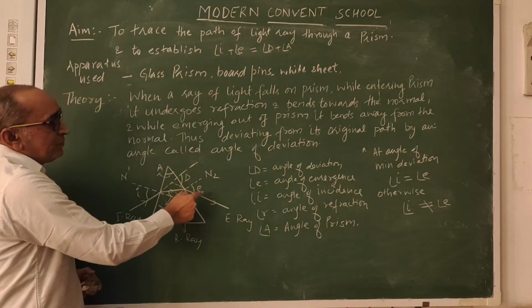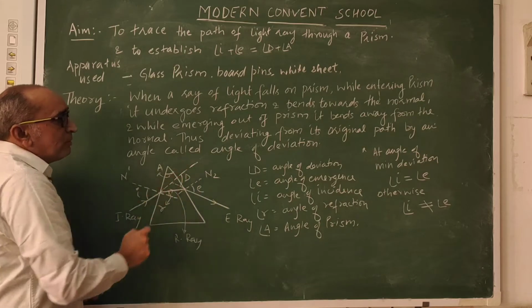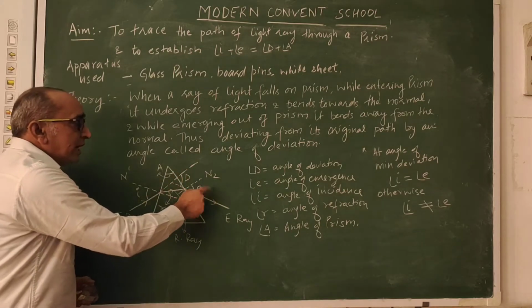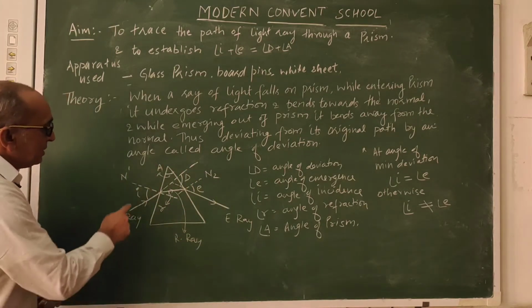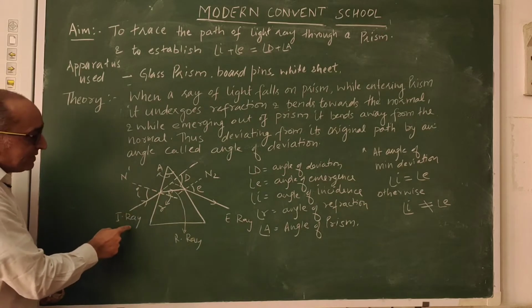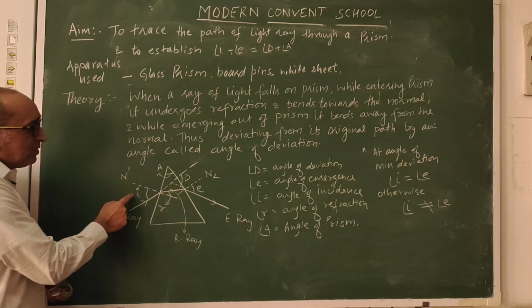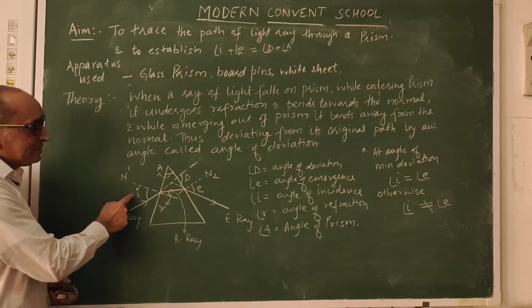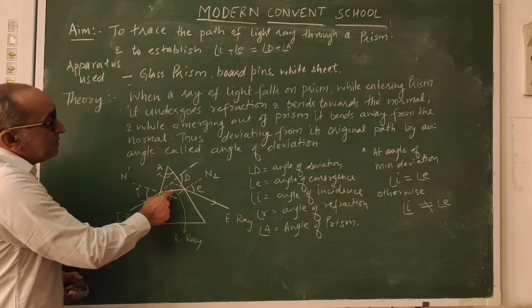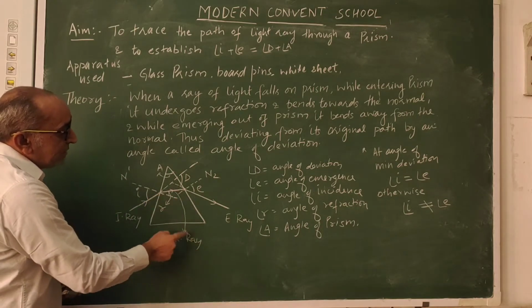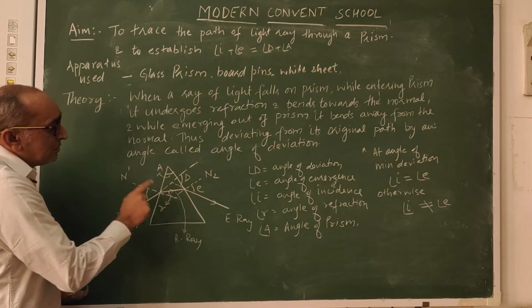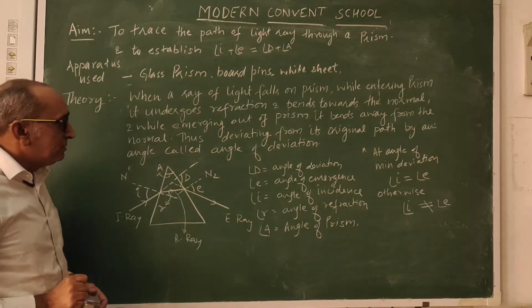The angle between emergent ray and normal is called angle of emergence. The angle between incident ray and normal is called angle of incidence. And this angle between refracted ray and normal is called angle of refraction.